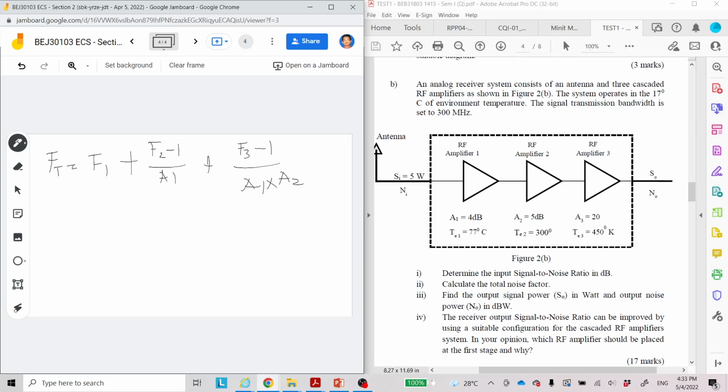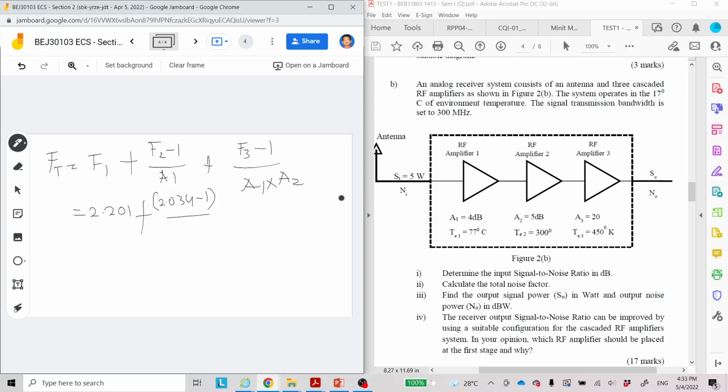So this is equal to 2.201 plus F2 minus 1, which is 2.034 minus 1, divided with 2.512.